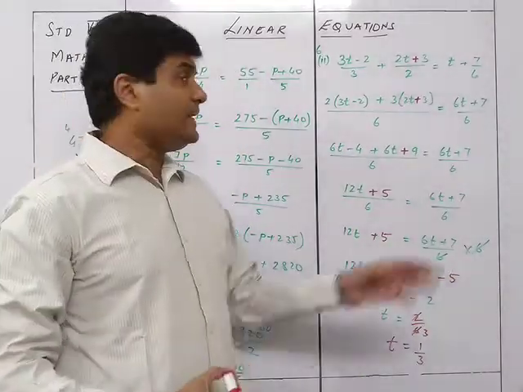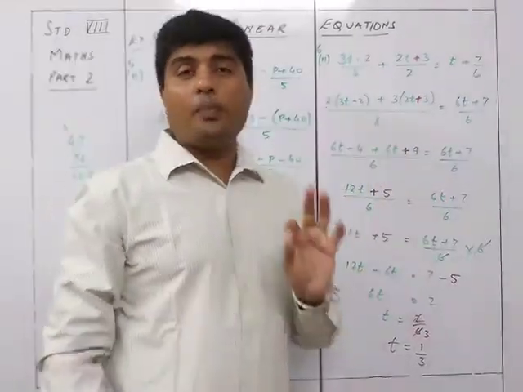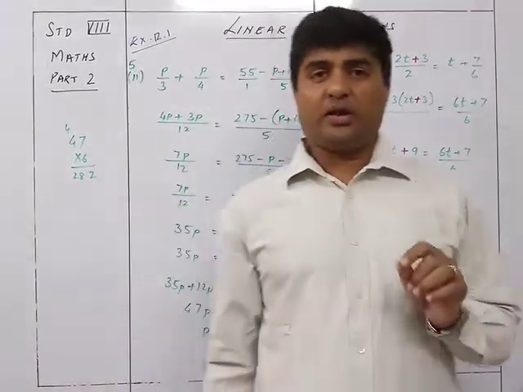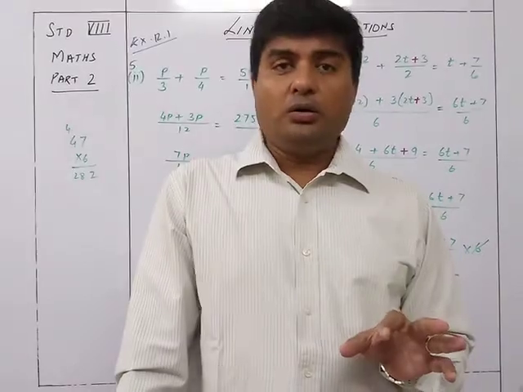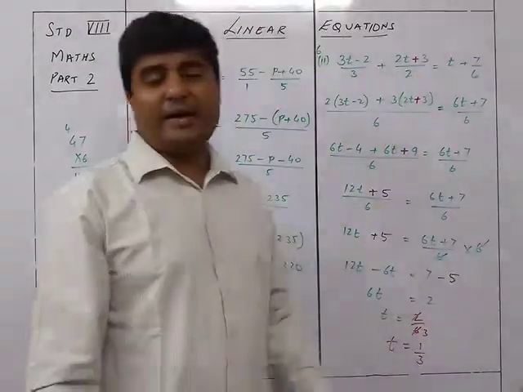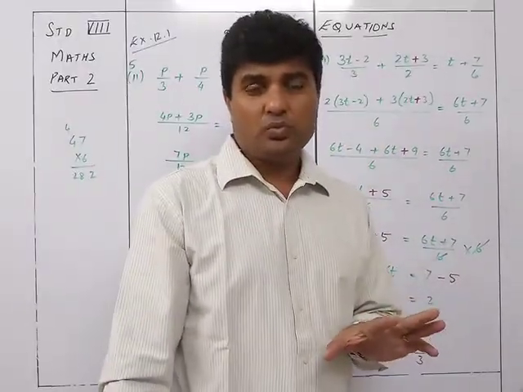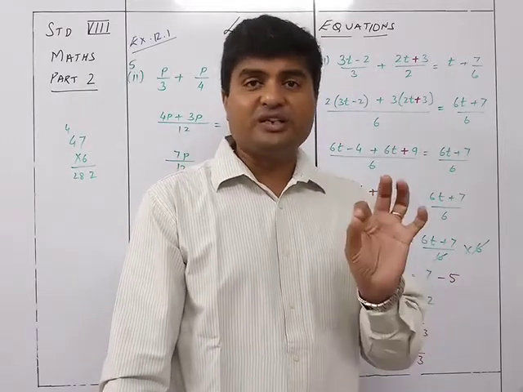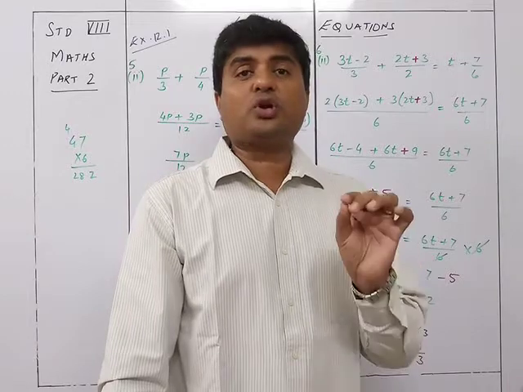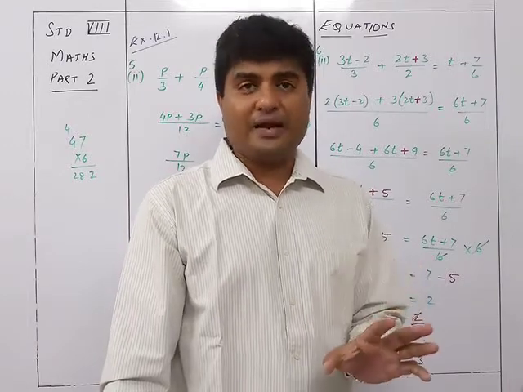So yeah, you can see I made a mistake in copying the sum. Very, very important thing over here. If you copy the sum wrong, even if you have done the whole sum correctly, you get a 0. So it's very important that when you copy the sum for the first time, at that time itself you cross-check whether you have copied the sum correctly or not.